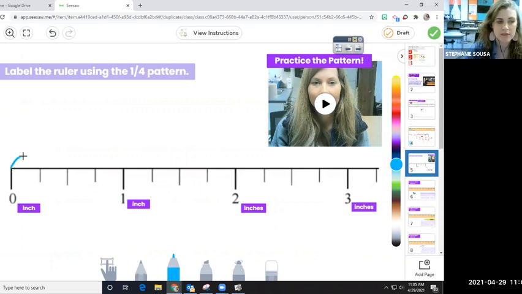We notice that there are 1, 2, 3, 4 spaces between 0 and 1. So we're going to label each of these spaces as a fourth. So 0, 1/4, 2/4.